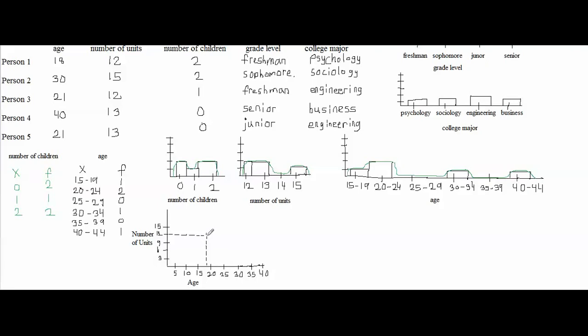And then we make a dot where they meet up with each other. So this dot is just showing that this person is 18 years old down here and is taking 12 units over here. And we don't include these dotted lines in the scatter plot. I just made them to show how this dot is lined up with this age down here and with this number of units over here.